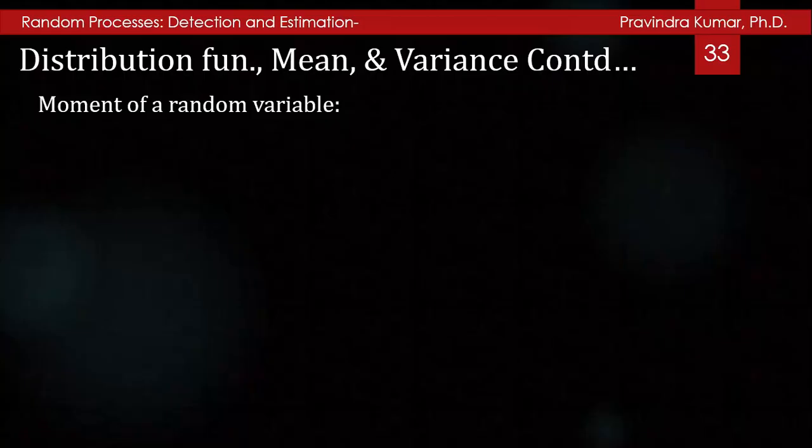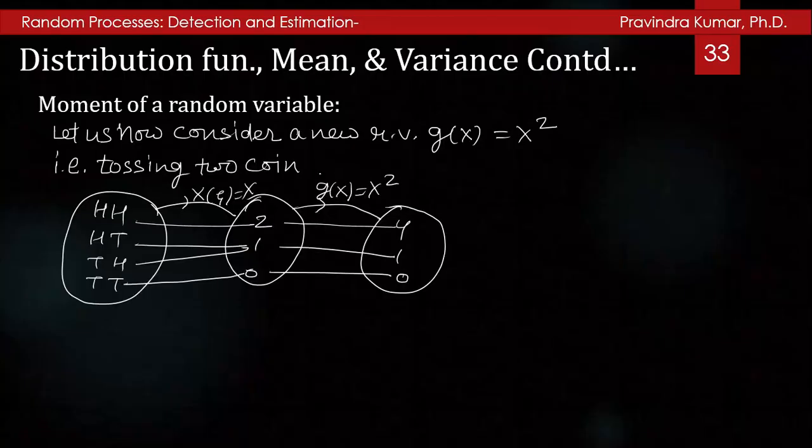Now, the moment of the random variable. Let us consider a new random variable g(x), which is a function of random variable x. g(x) is equal to x square. You may also consider 3x minus 1, or any function of random variable x. So in the previous case you have seen that I'm tossing a coin 2 times.